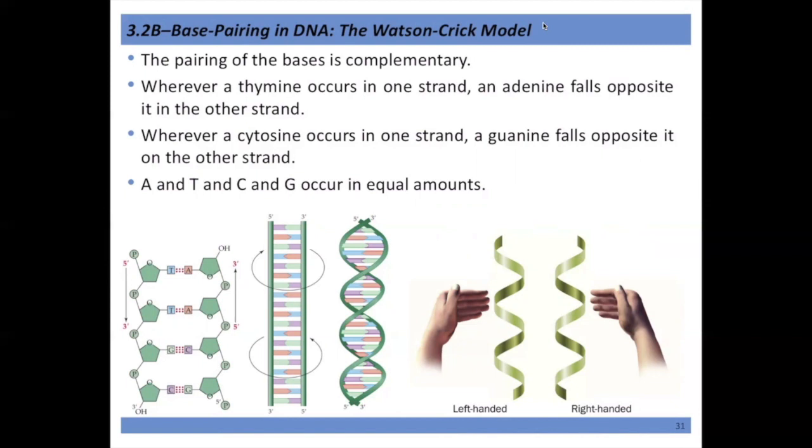But you notice in this double-stranded DNA, the strands are anti-parallel. So one strand is running 5' to 3', the other is 3' to 5'. You can see that right here. So it's referred to as an anti-parallel strand double helix, and it coils up into a right-handed helix.